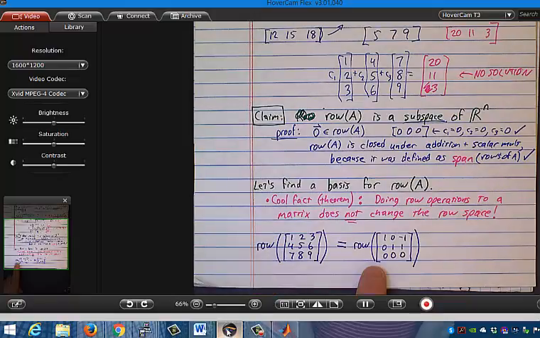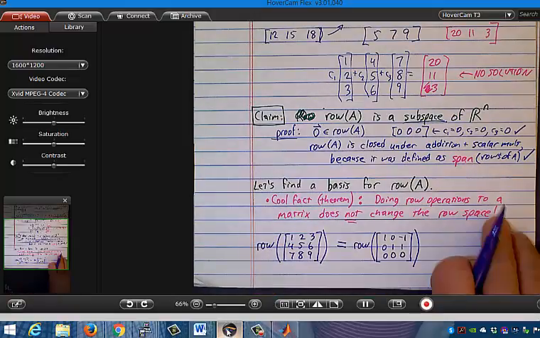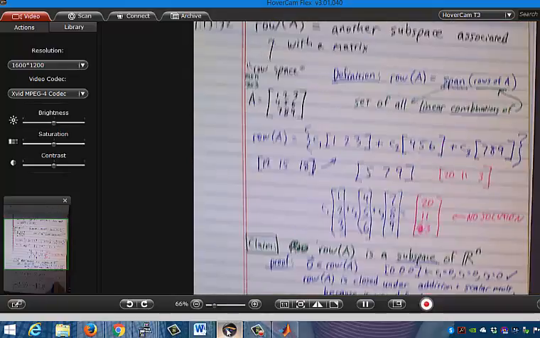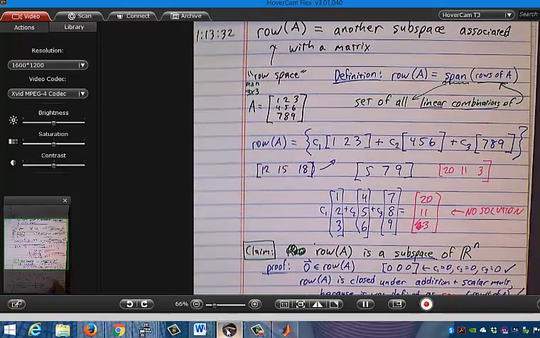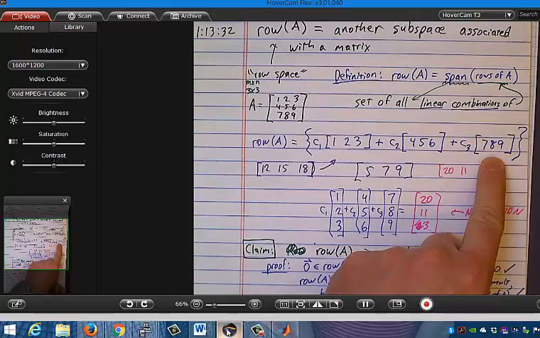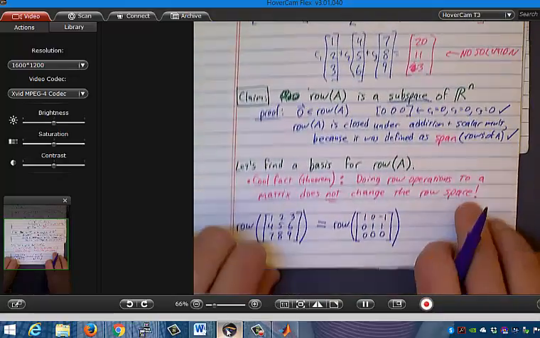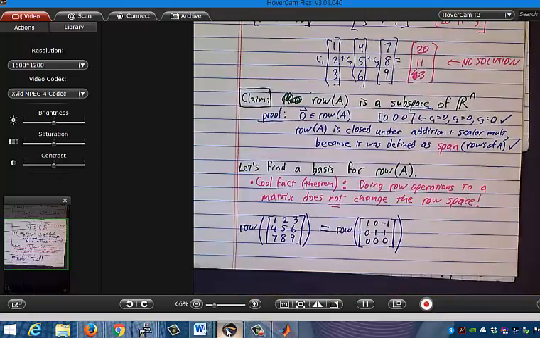Because if these are the same, one way to describe the row space I did up here. But another way to describe the row space would be like this.